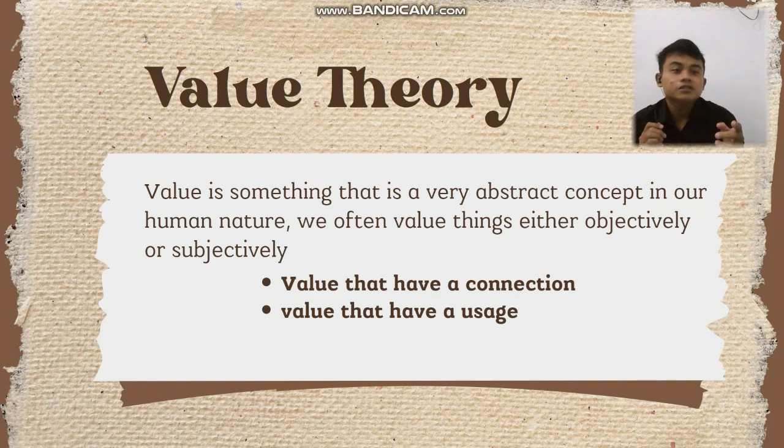Let's move on to the conclusion. As a conclusion of my explanation, moral and value theories offer frameworks, a body or maybe a skeleton, for understanding what we think is good or bad, and how we determine what is important in our life.